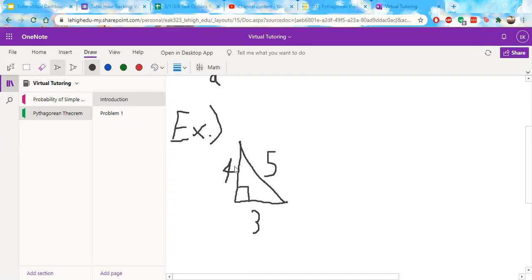If you're getting confused by what these numbers are, think about it like this. Let's say you have a triangle piece of wood, and it's a right triangle. One angle is 90 degrees. One side is 3 inches, one side is 4 inches, and the other side, the diagonal, the hypotenuse, is 5 inches. If you had a piece of wood or metal in your hand, you could measure all the sides, and if one side's 3 and one side is 4, then the diagonal, the hypotenuse, has to be 5.